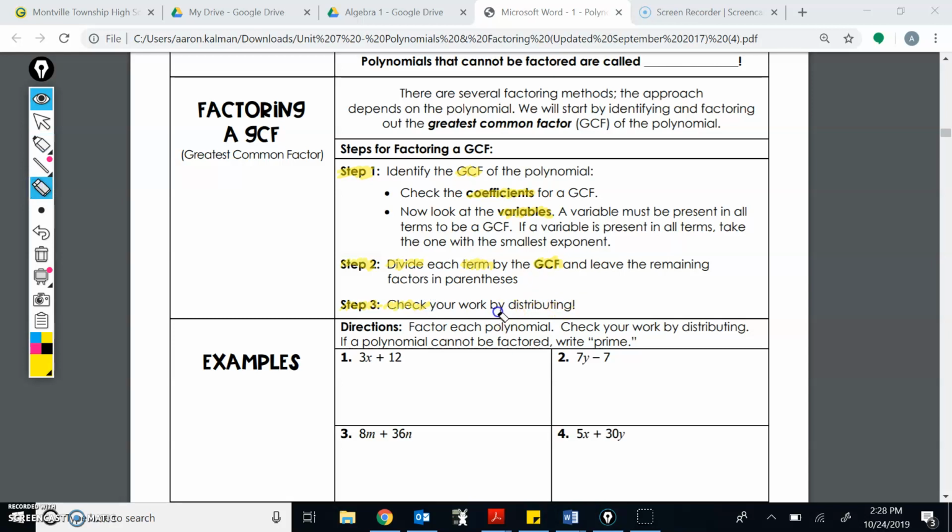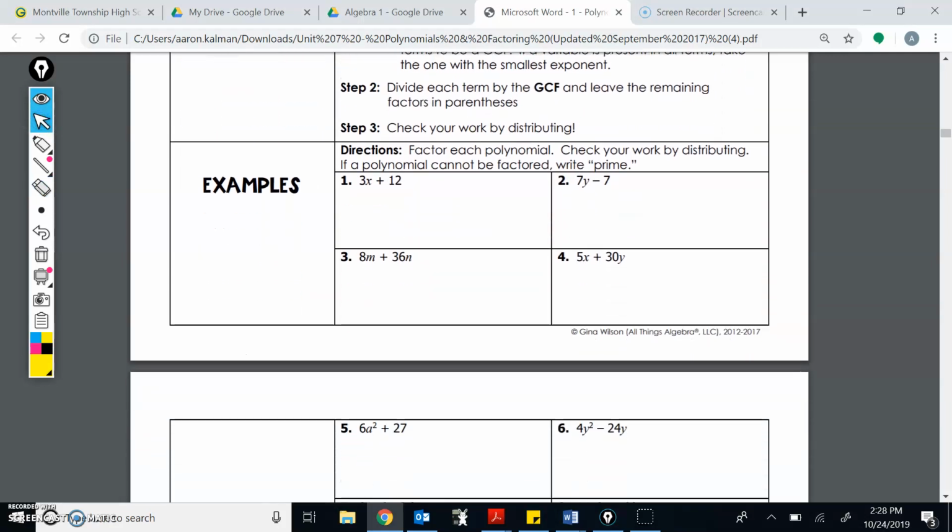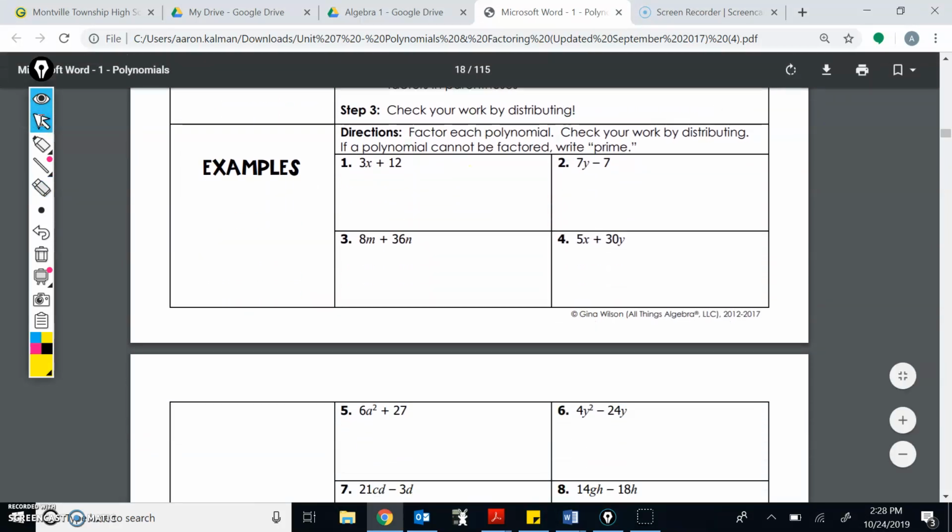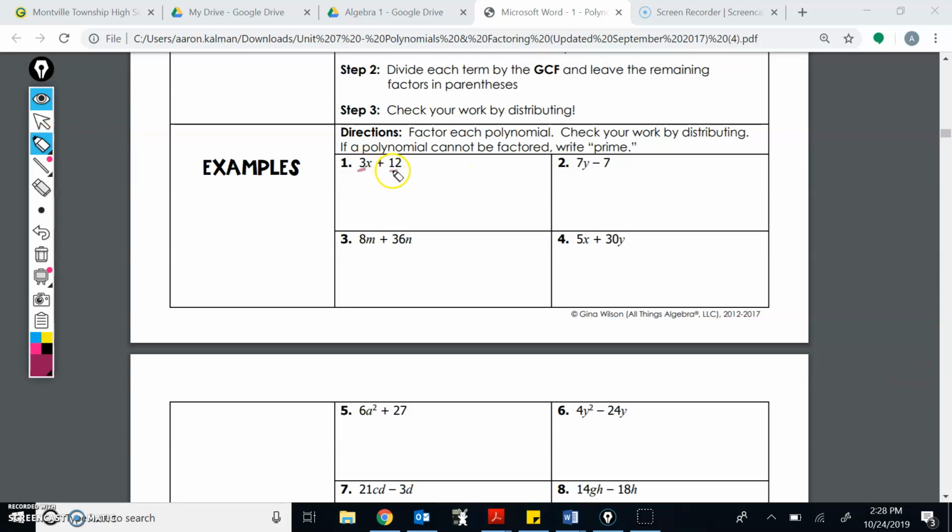Okay, let's go on and do some easy examples, and get a little bit more difficult with this factoring. Start with number 1. The GCF of the coefficients 3 and 12: the biggest number that goes into 3 and 12 with no remainder is 3. Do they both have variables in common? They do not. This one has an x, this term does not.